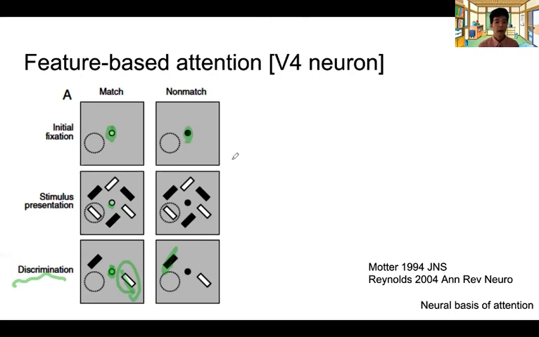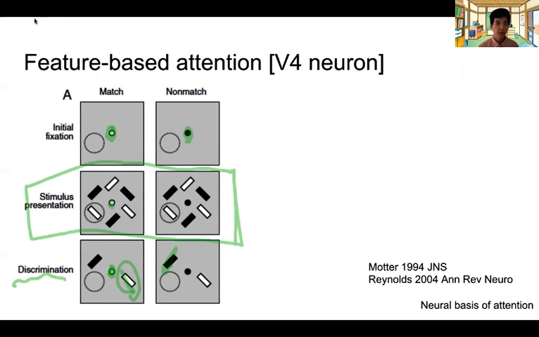And so the key here is that the instruction is different between the match and non-match conditions. On the other hand, during this stimulus presentation period, which is the most critical recording period for this experiment, everything except for this central fixation point is the same.